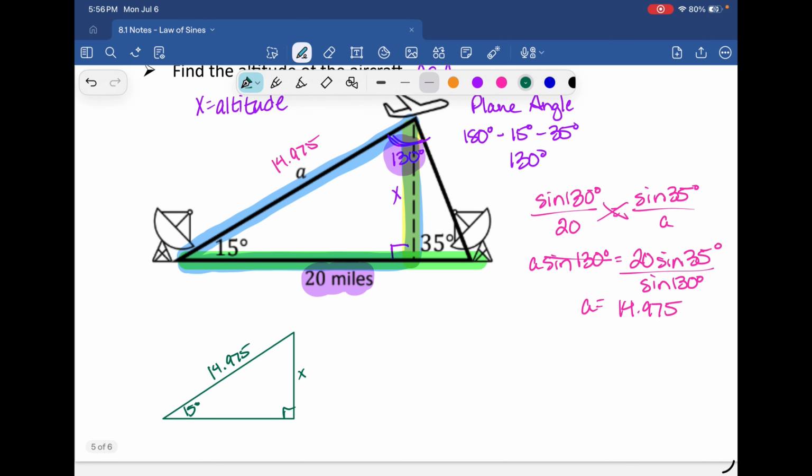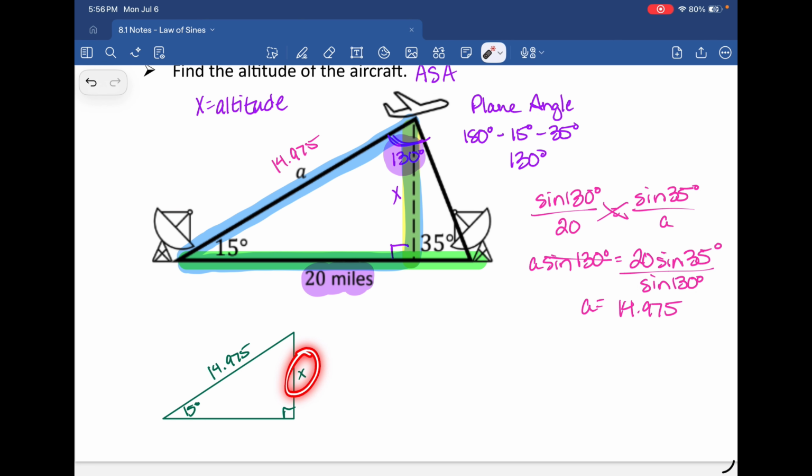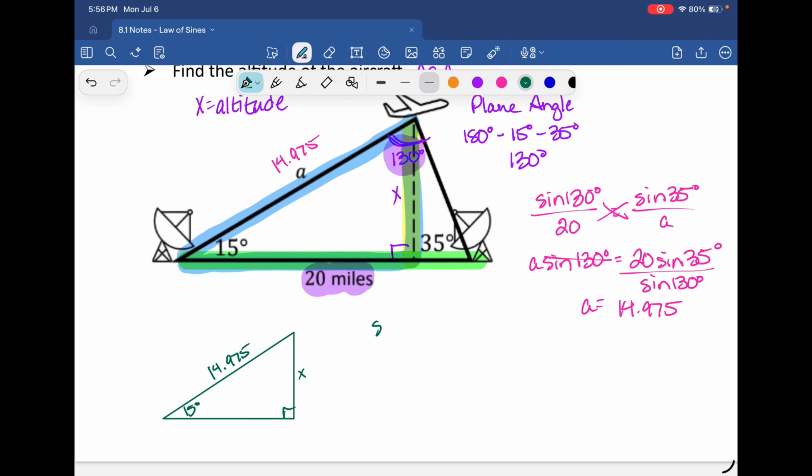The hypotenuse is 14.975. I have a sine function here: opposite over hypotenuse. So sine 15 degrees, opposite, that's a lie, over hypotenuse. Okay, we're going to multiply both sides by 14.975. Calculator.